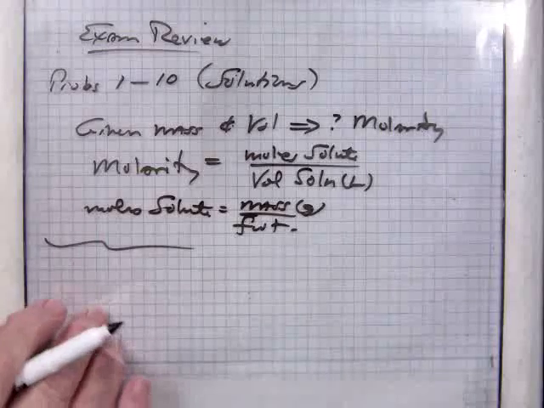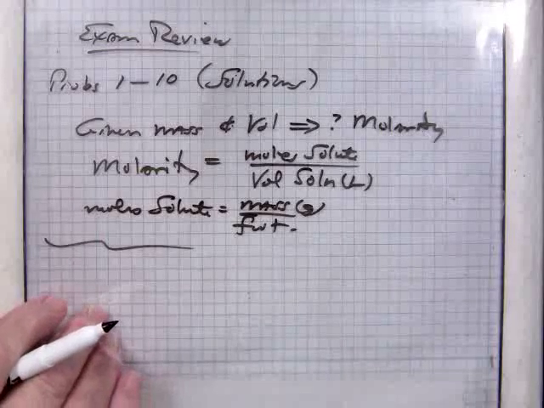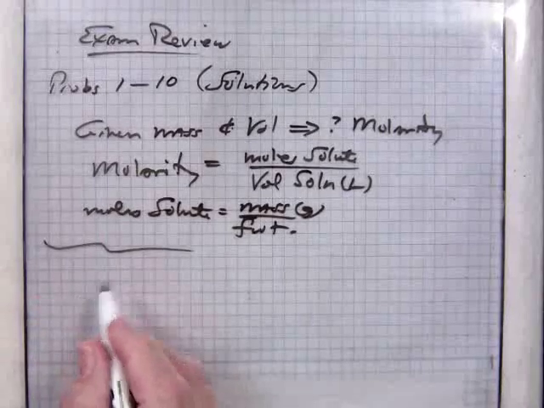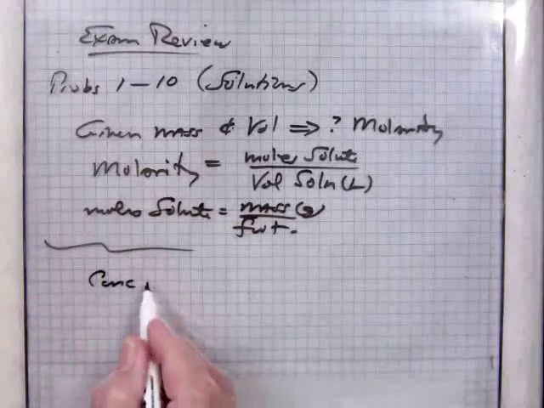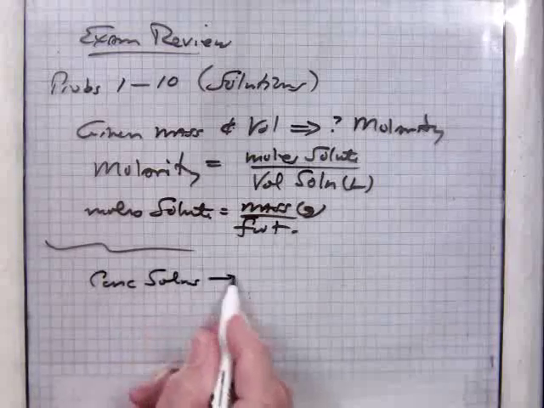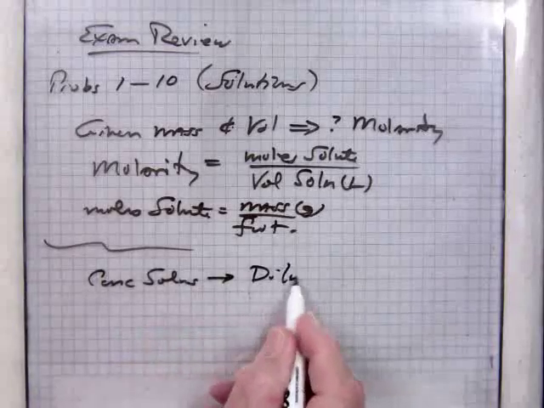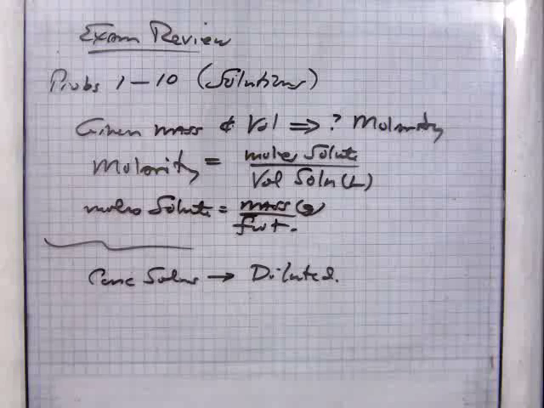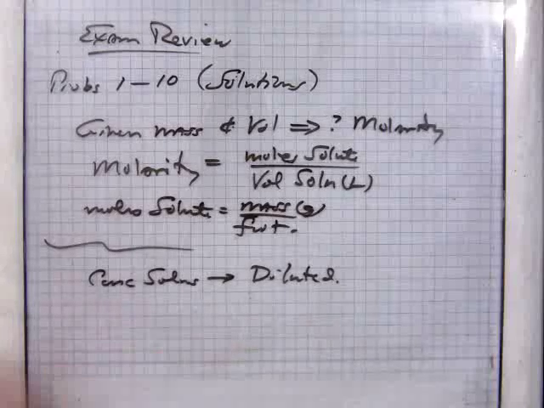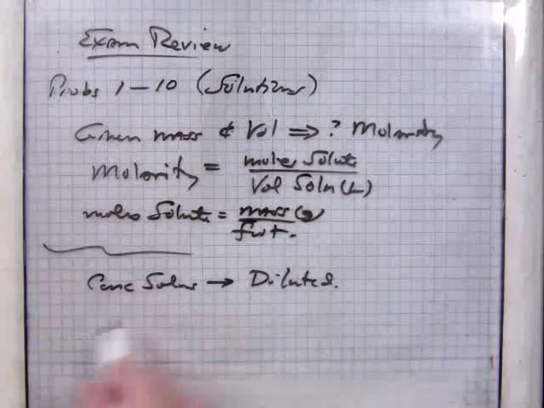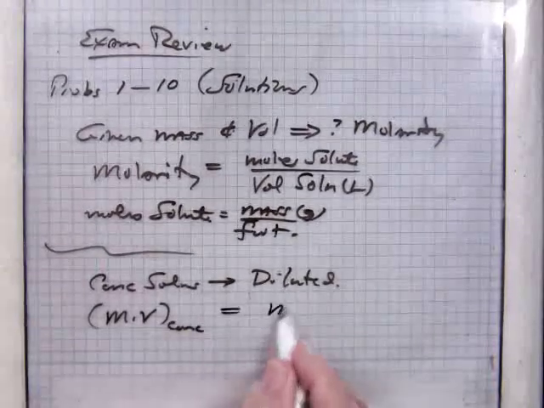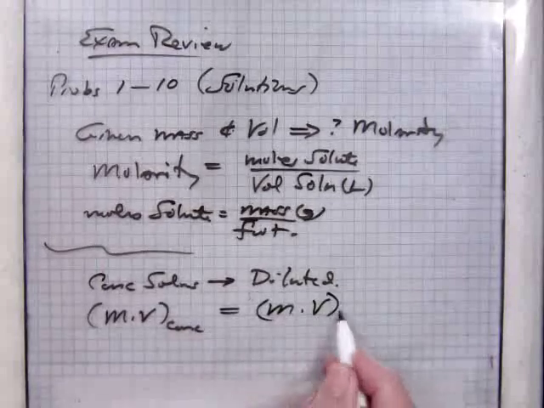Let's see. Solutions that are concentrates to diluted solutions, you could put down relationships, what we call the dilution equation. Molarity times volume of the concentrate equals molarity times volume of the diluted.